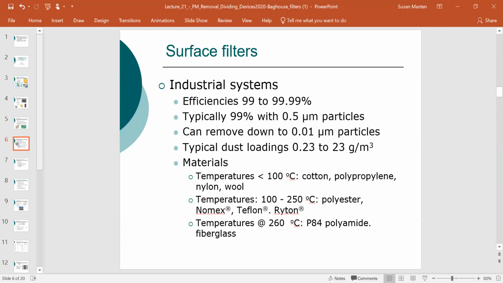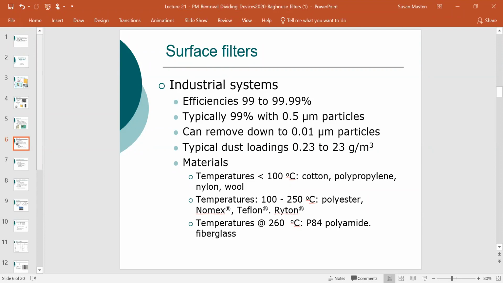And this is typically with about a 0.5 micron size particle. They can remove particles down to 0.01 microns, and we'll talk more about that when we look at the mechanisms.